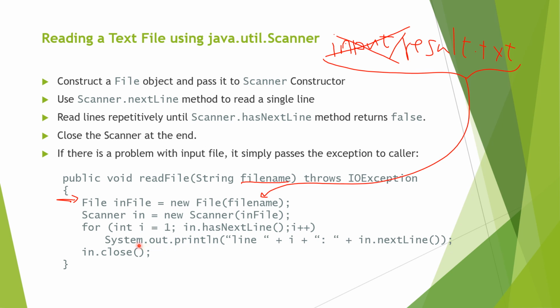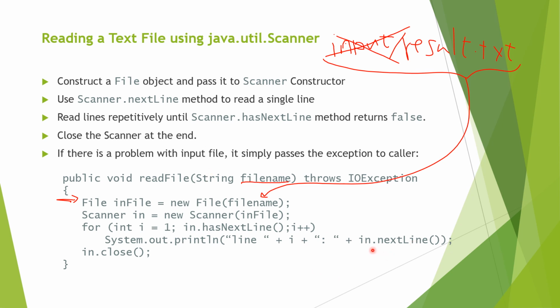So I will say System.out.println the string "Line " followed by i, in the first iteration i is 1, colon, and then in.nextLine reads the first line in the first iteration of the for loop. The first line that is stored in the file with the given file name.